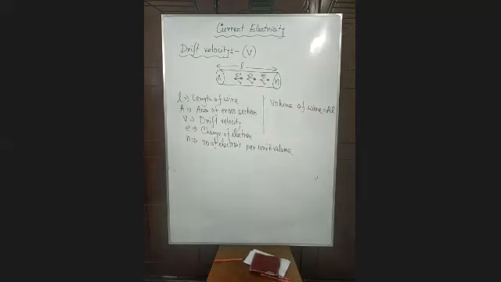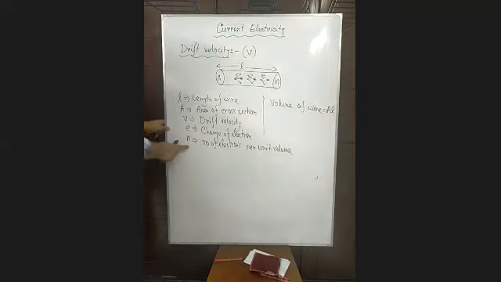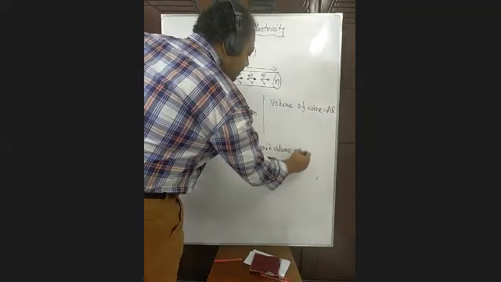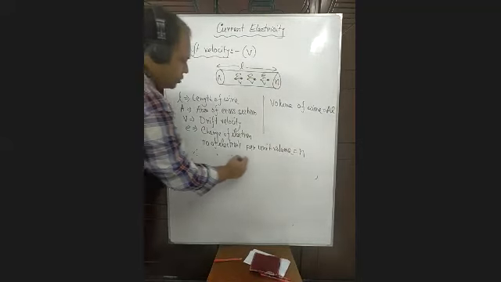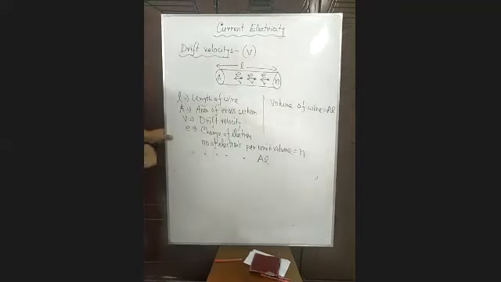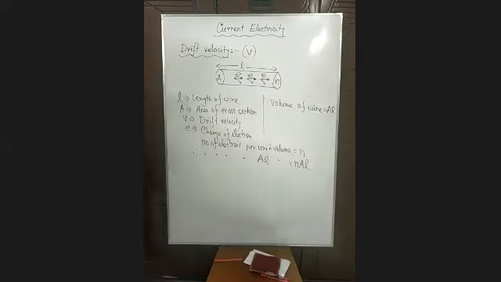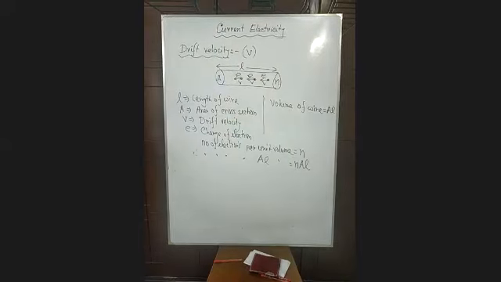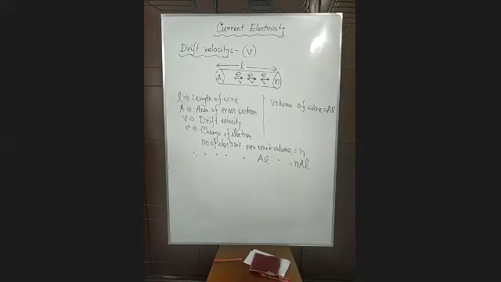Now, if number of electrons per unit volume is n, then number of electrons per AL volume, because we have AL volume, will be nAL. So in the wire, the number of total electrons is nAL. Okay.